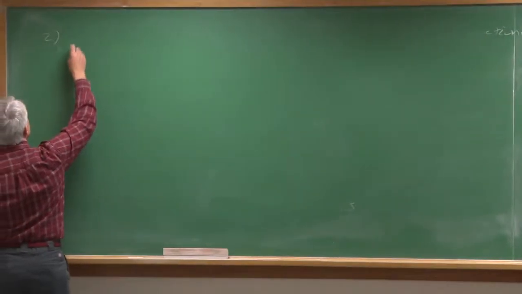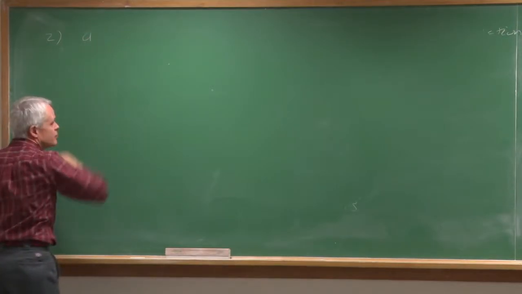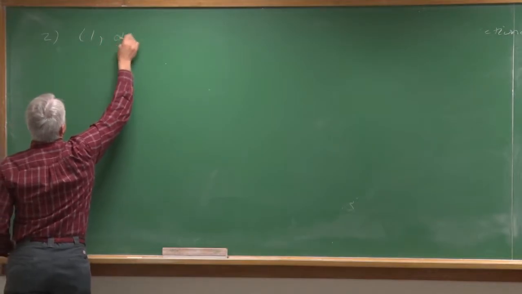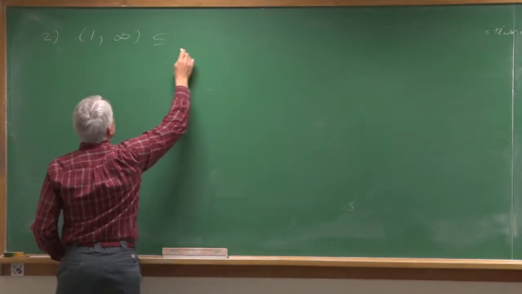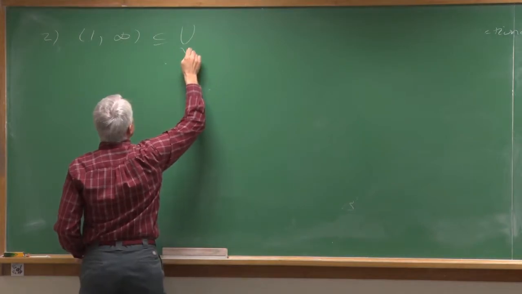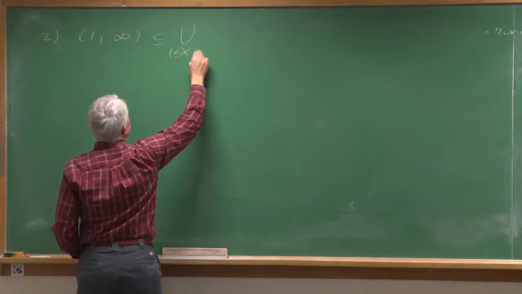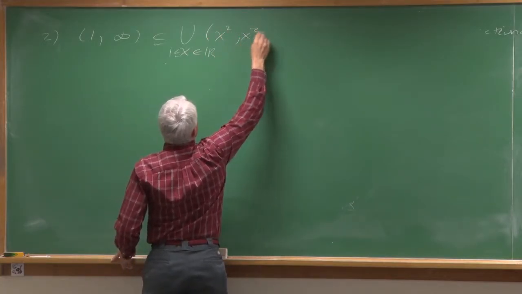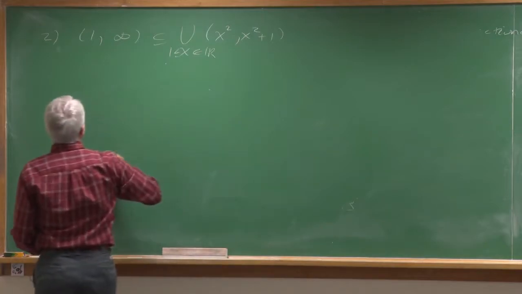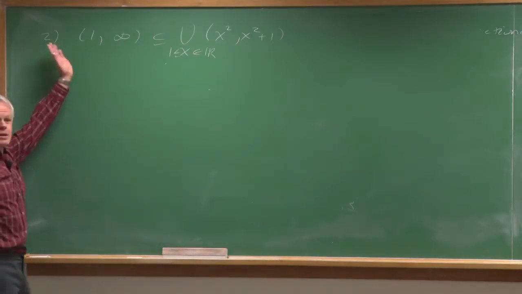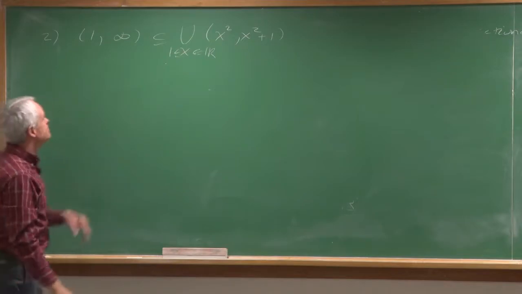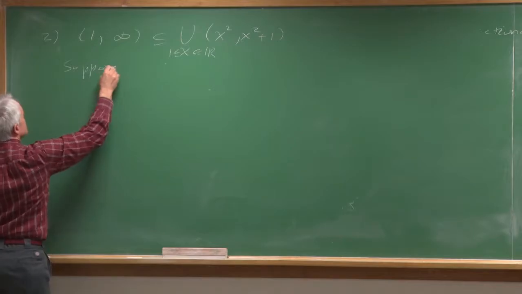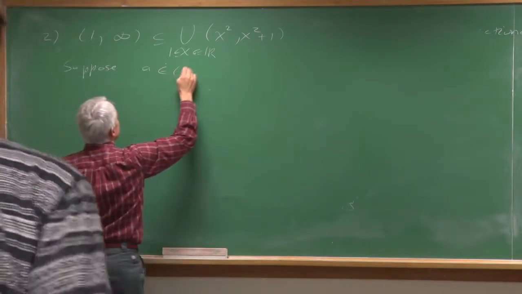So let's see, I want to show that the interval from 1 to plus infinity is contained in this union. Same thing: pick an element in here, show that it's in there. So suppose we give ourselves an a that's in here.